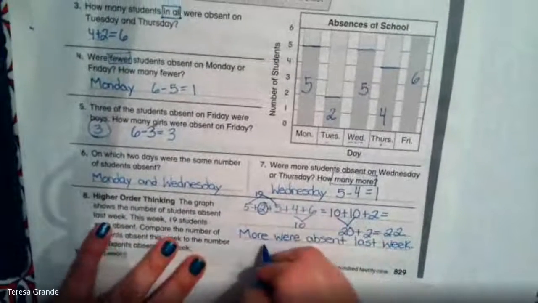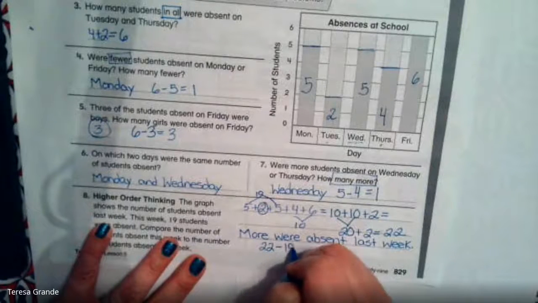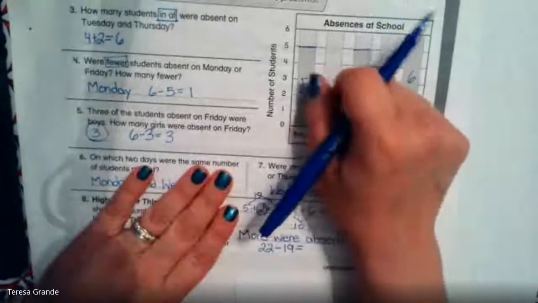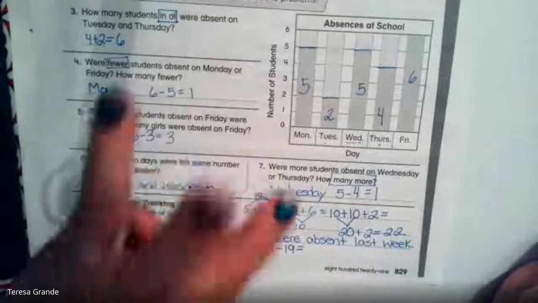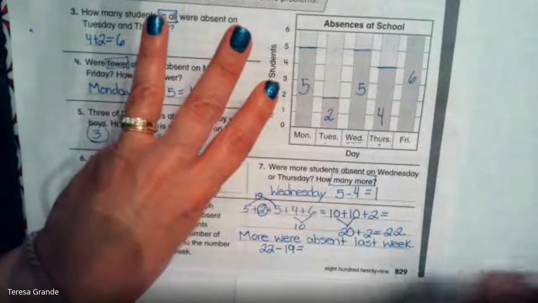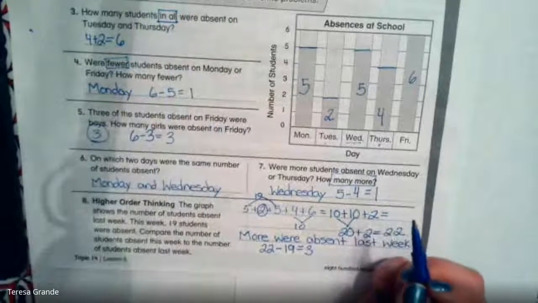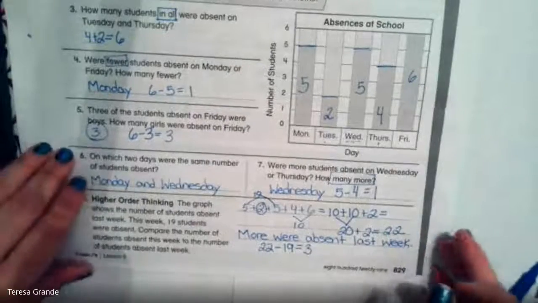We would have to subtract 22 minus 19 equals, let's count up, 19, 20, 21, 22. The answer is 3. So 3 more students were absent last week than there were this week.